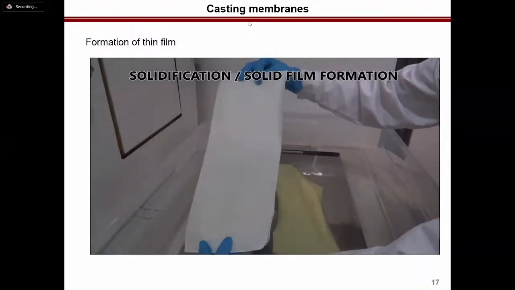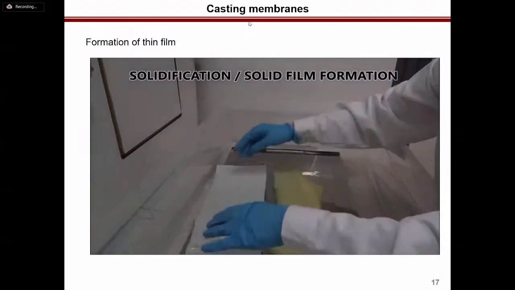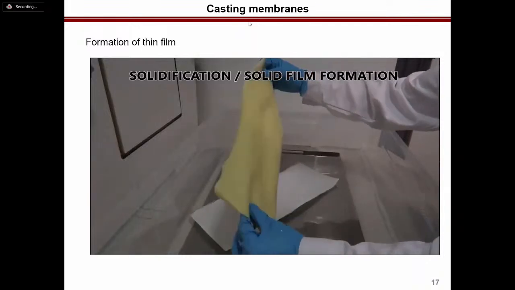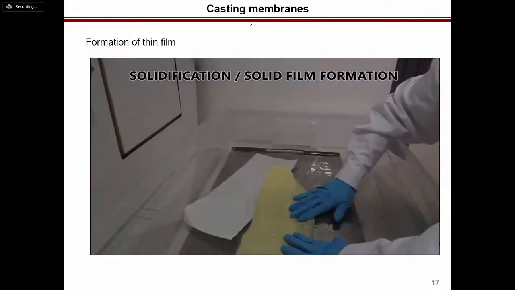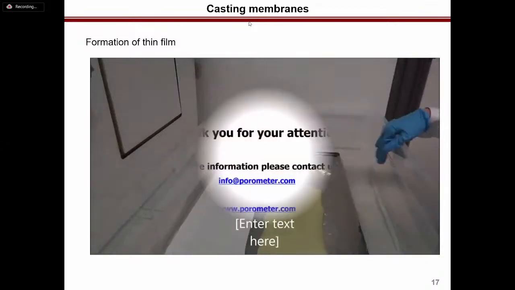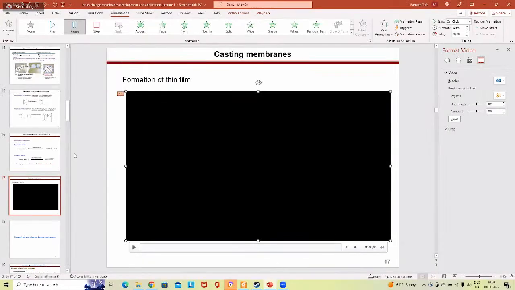With this method that you saw now, when you cast your membrane and put it in a water solution, you form a porous membrane. If you scan this membrane and look under a microscope, they are porous membranes, not dense membranes. Our membranes can be porous or dense, but mostly we use dense membranes. You can densify these membranes in a further step.